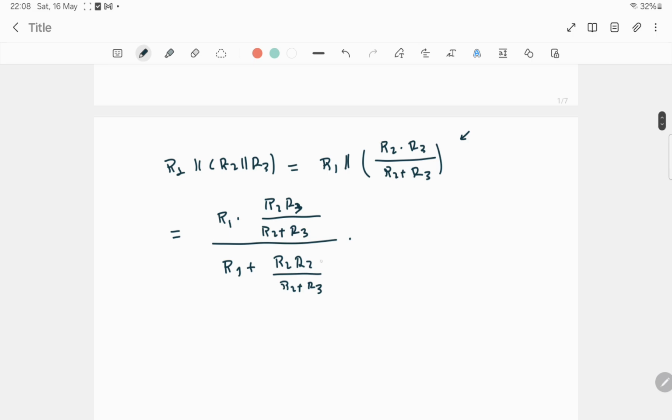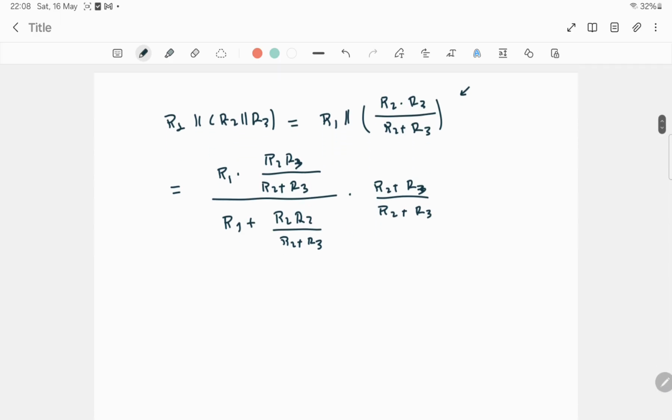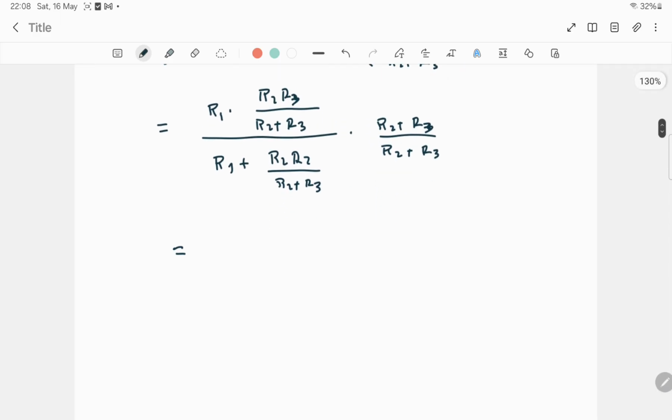We can get a more elegant expression for this one by multiplying by this fraction, R2 plus R3 over R2 plus R3. So the numerator is going to become R1 R2 R3.